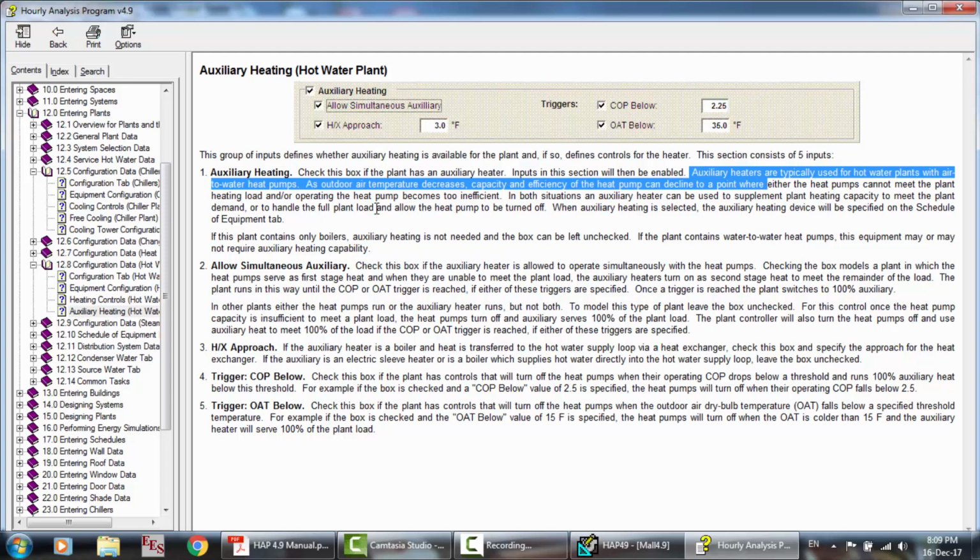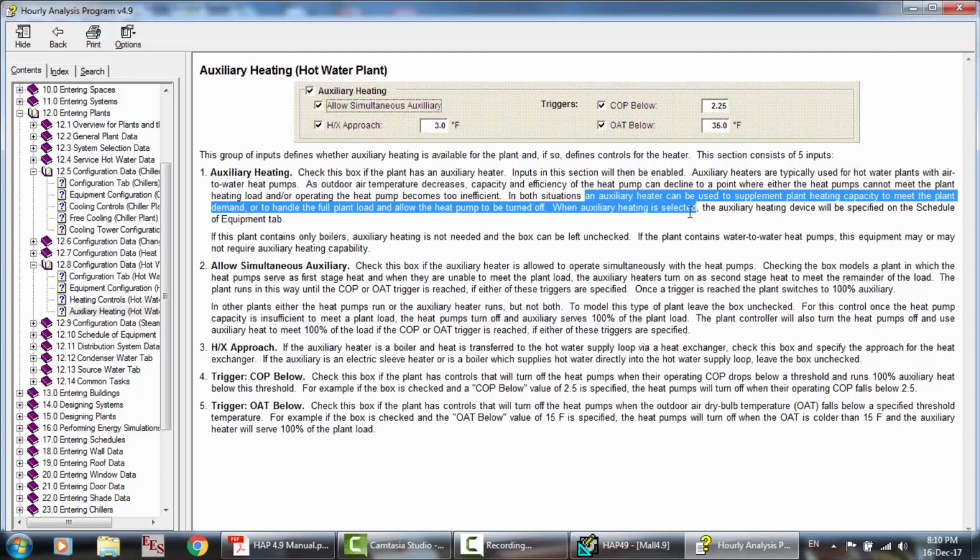As outdoor air temperature decreases, capacity and efficiency of the heat pump can decline to a point where either the heat pumps cannot meet plant heating load, or operating the heat pump becomes too inefficient. In both situations, an auxiliary heater can be used to supplement plant heating capacity to meet the plant demand, or to handle the full plant load and allow the heat pump to be turned off.